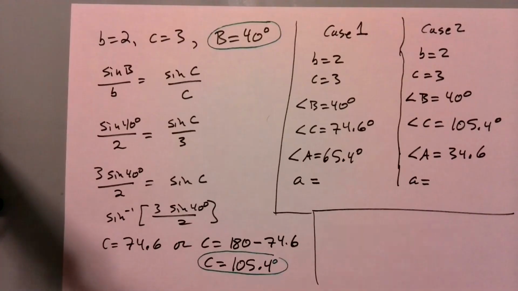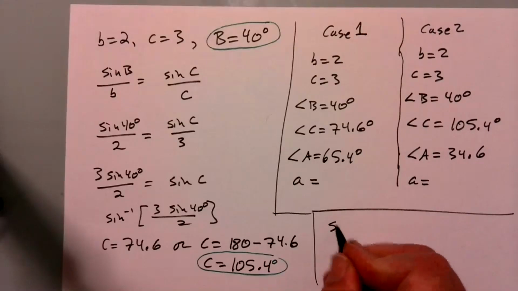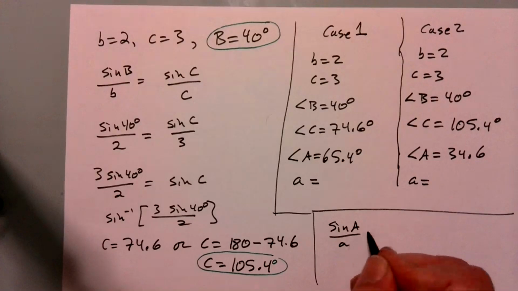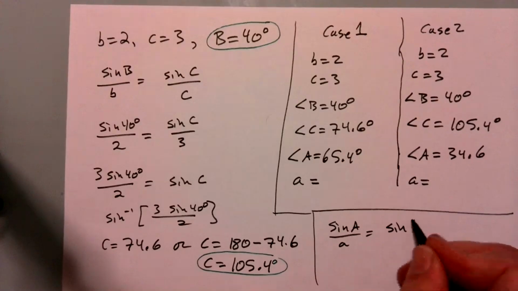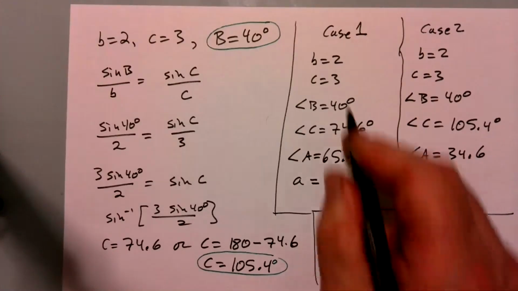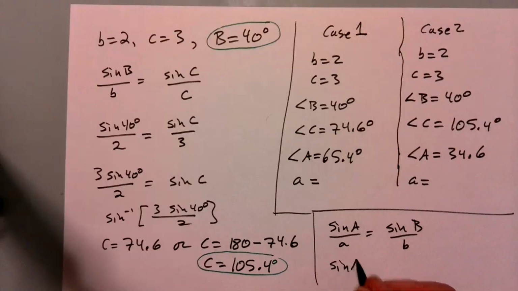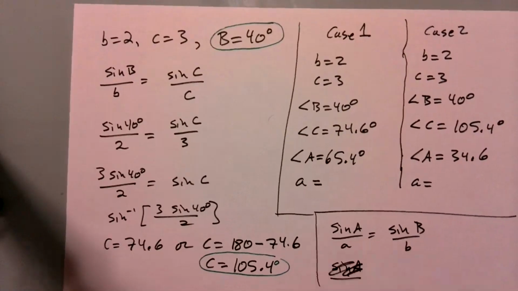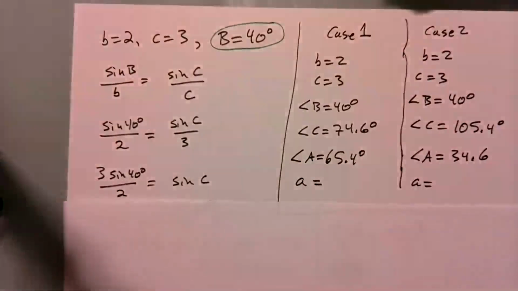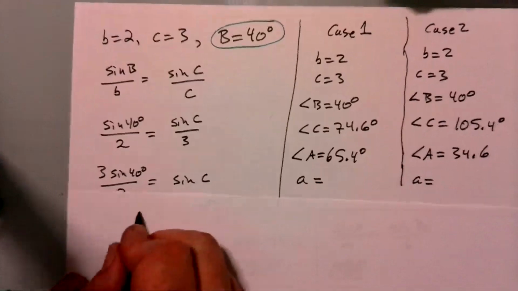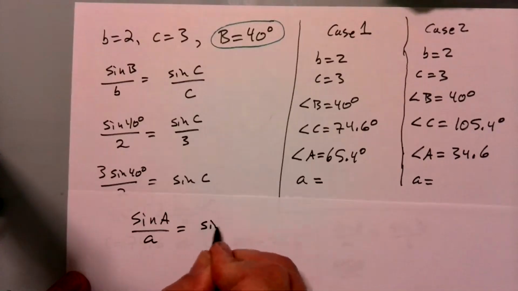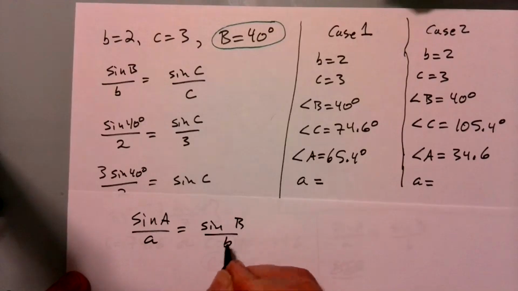Well, we certainly can do sine A over a equals sine big B over little b. Oh, no, I'm not looking for A. I know what A is. I think I want to use a new piece of paper here, just so we have enough room. Sine A over a equals sine B over b.